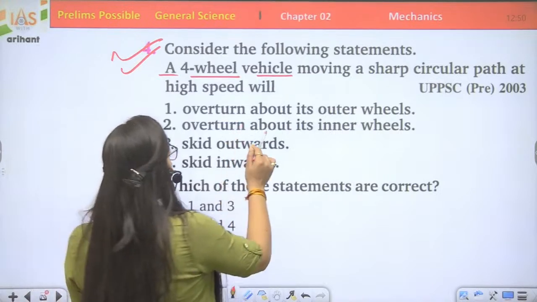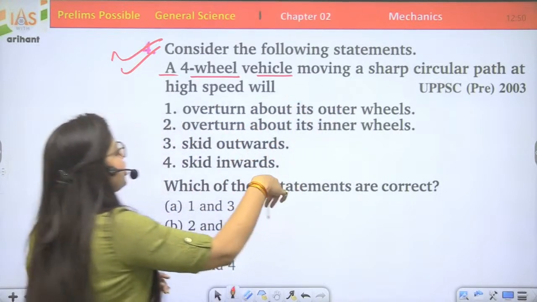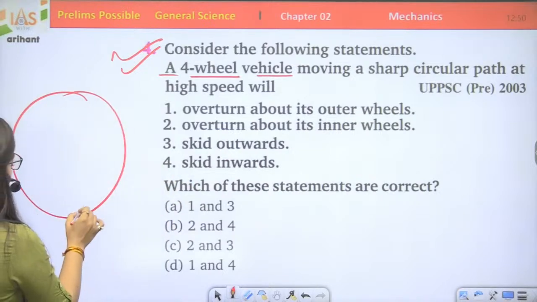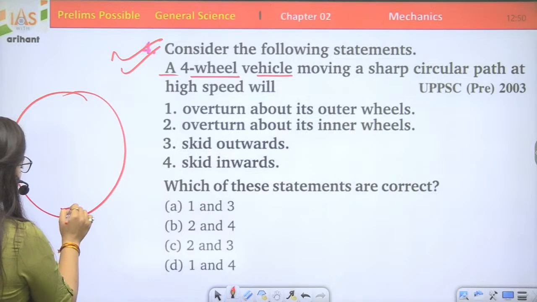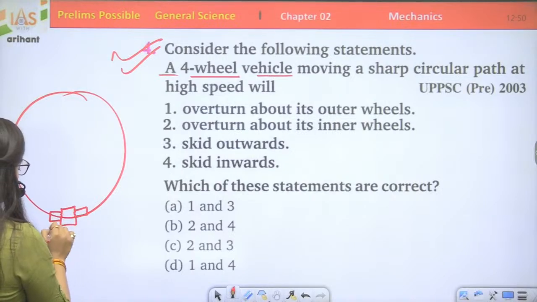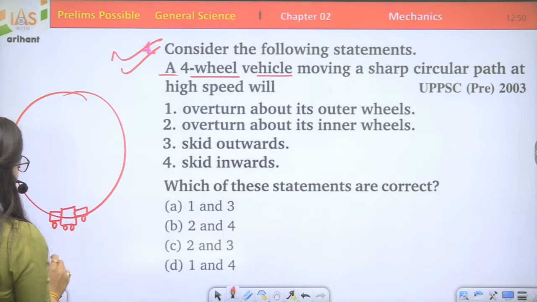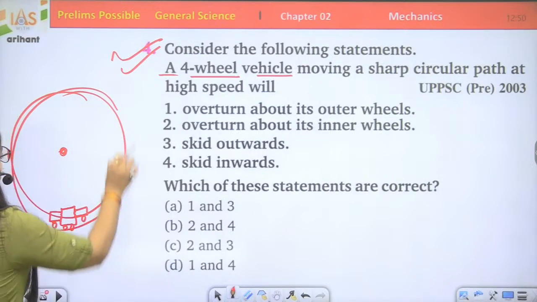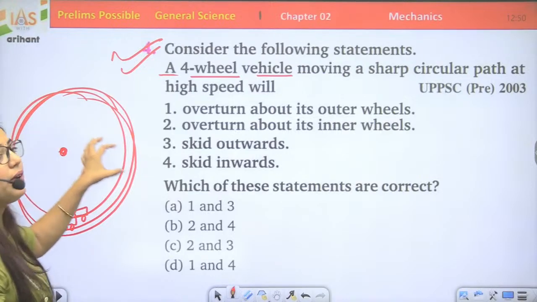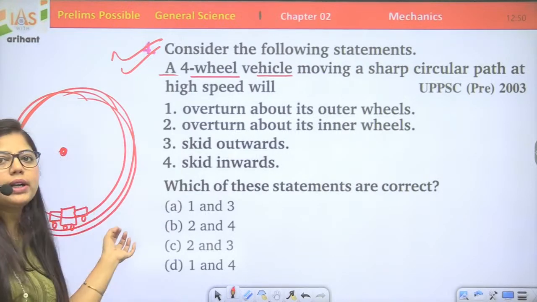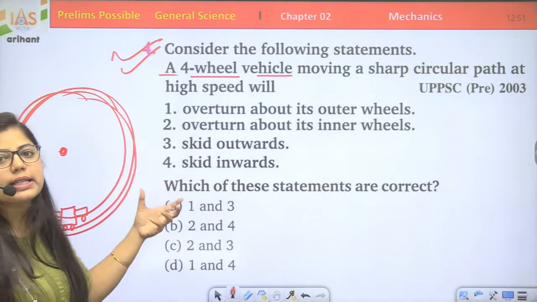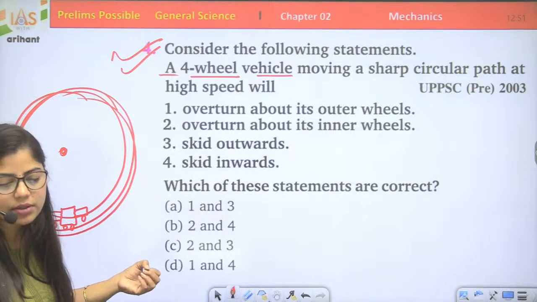Okay. If a four-wheeler is moving around a sharp circular path like this, a car moving around this circular path with a very high speed, it overturns about its outer wheels, about its inner wheel, skids outwards or skids inwards, right?